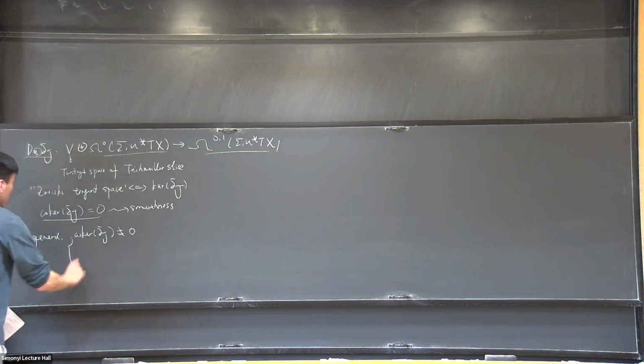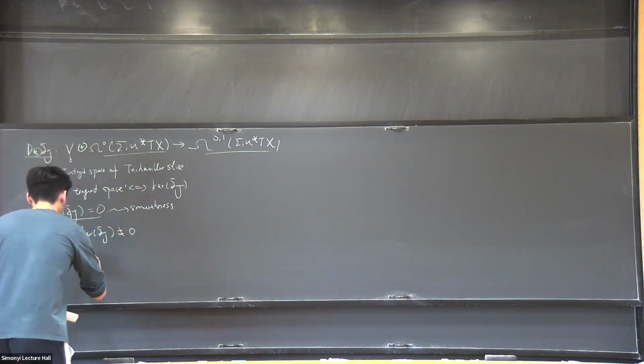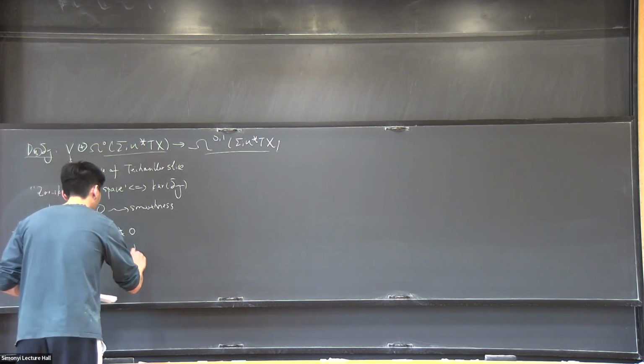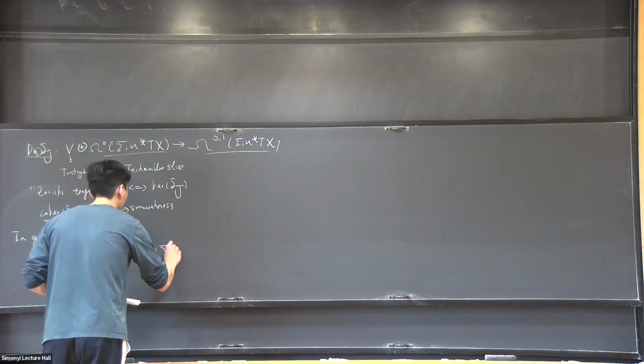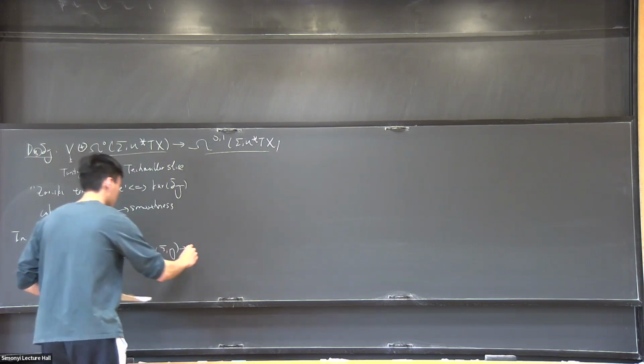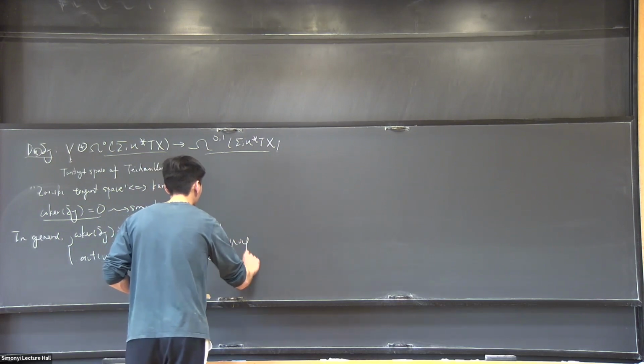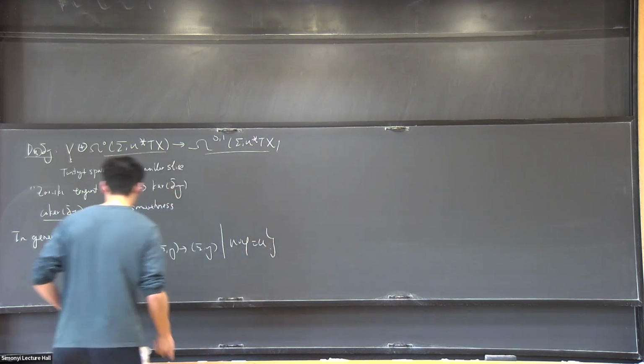On the other hand, because we're looking at stable maps, they could have non-trivial automorphism groups. So we define the automorphism group of this map u to be the automorphisms of the domain which intertwine with the map, and this could be non-trivial.